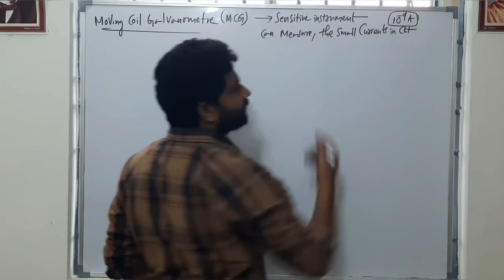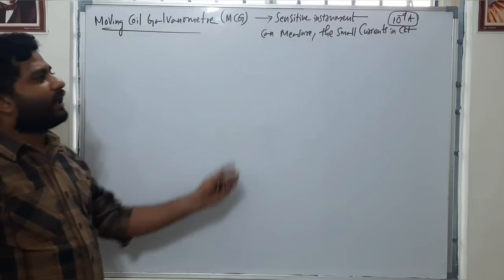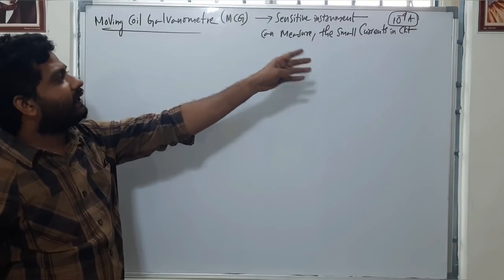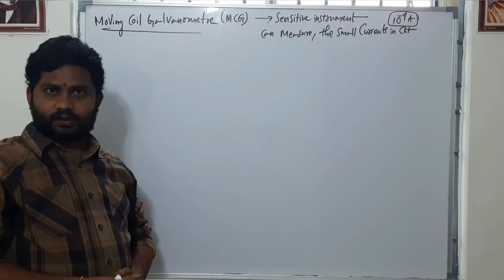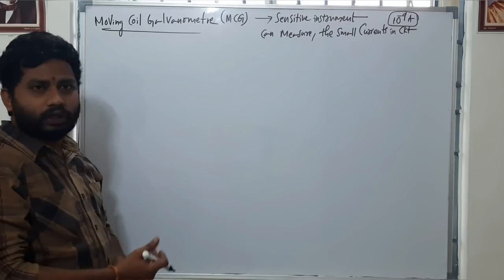See how small it is. Up to 10 raised to minus 9 ampere current, this is the device or instrument can measure. So that is what the moving coil galvanometer.